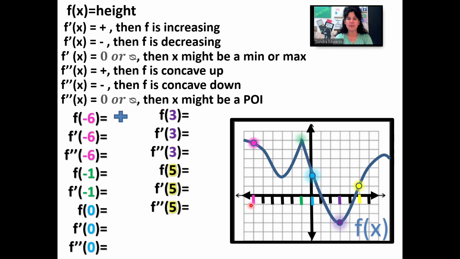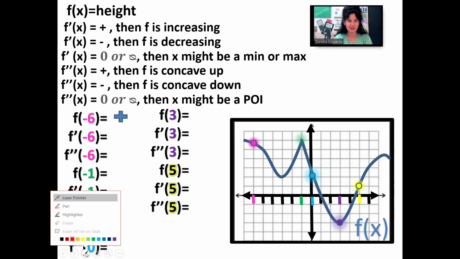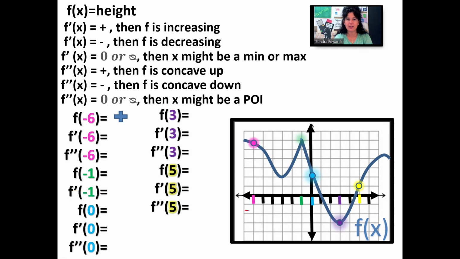So looking there at -6, if we go to -6, what is the slope of the tangent there? See how the slope of the tangent would be negative? Our function is going downhill. So since we are going downhill at -6, f prime is going to have a negative answer.